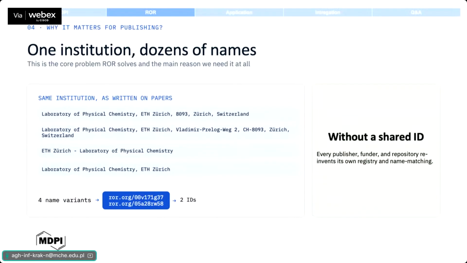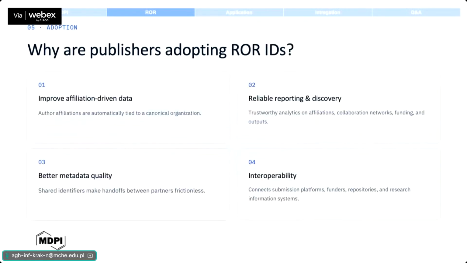Without this shared ID, which the registry provides to us, every publisher needs to create their own registry. Community-led initiatives are generally better than one company putting money in to create its own registry, because they are larger.